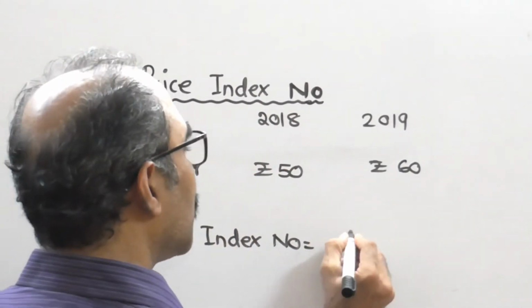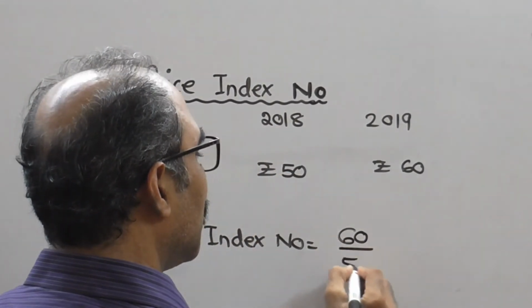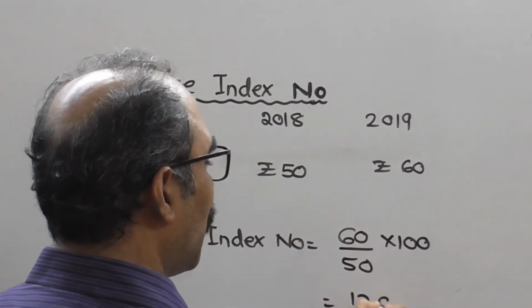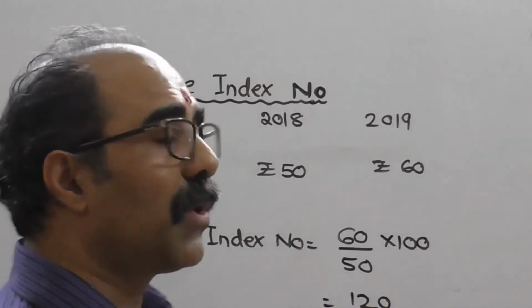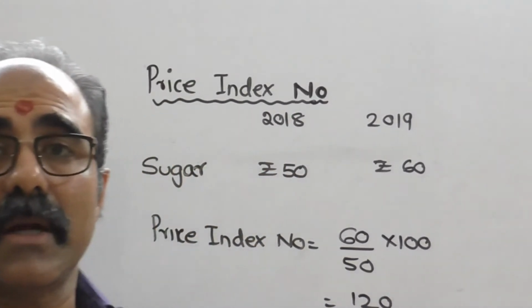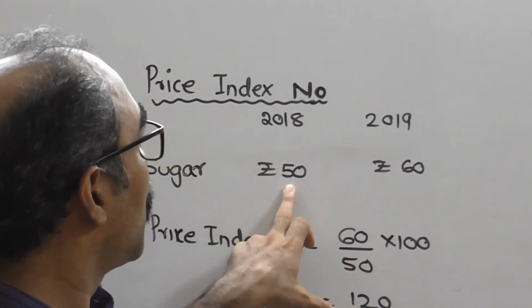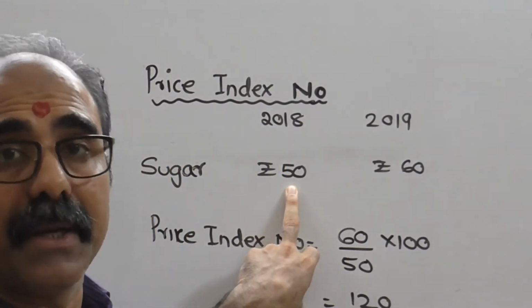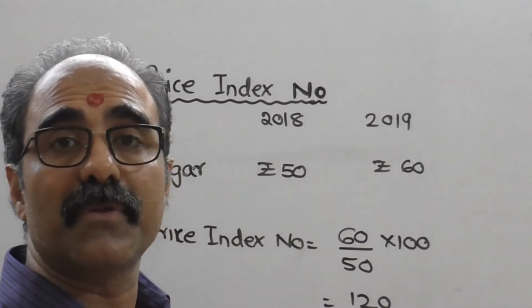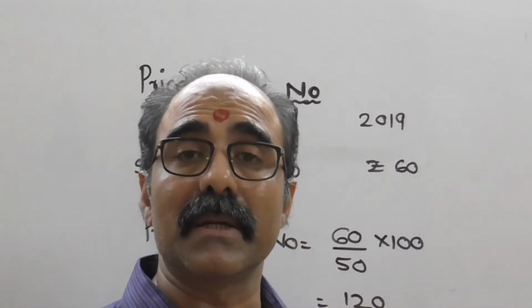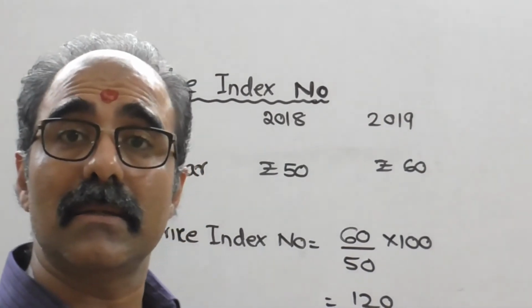So what I can do is write this as 60 divided by 50 into 100. The answer is 120. So you have to make an assumption that originally the price of sugar would have been 100 in 2018, which is called the base period, right now the price of sugar has become 120. So 100 has become 120 means the percentage increase in the price is 20%.